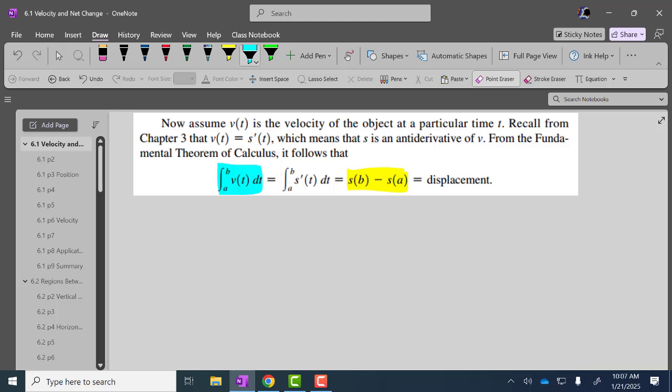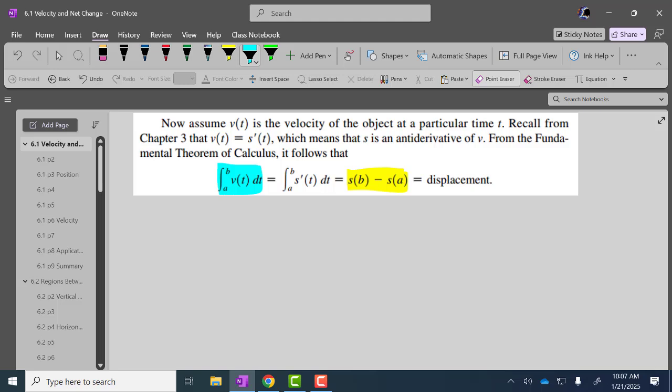And we know that the velocity is the rate of change of position, S prime. And we know from the fundamental theorem of calculus part 2, if you know an antiderivative, boom, right there, you plug in the upper endpoint, you plug in the lower endpoint, and you get this S of B minus S of A.